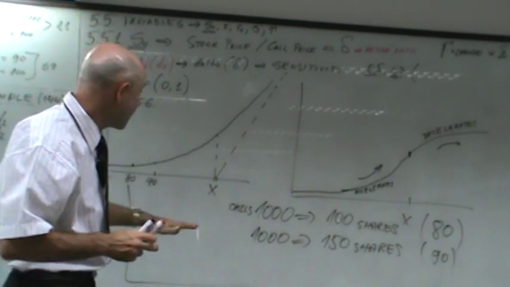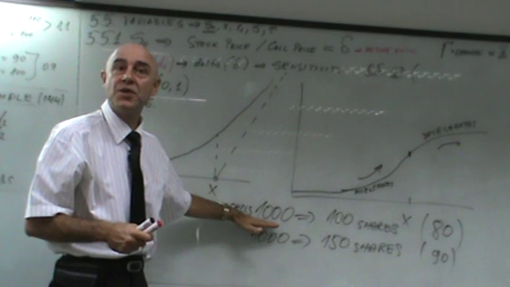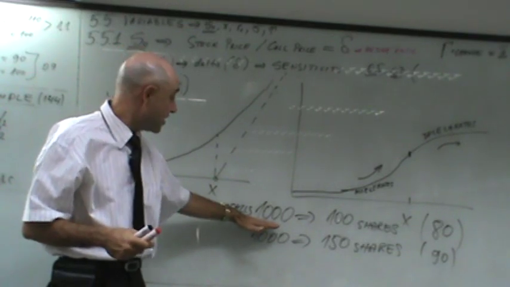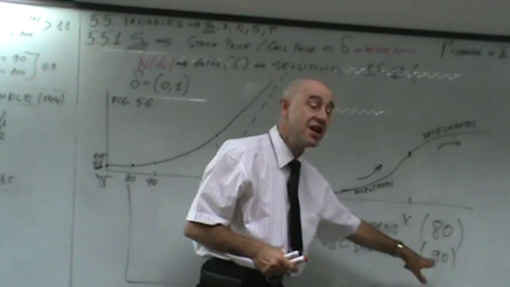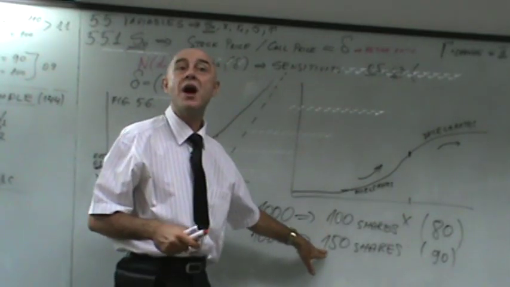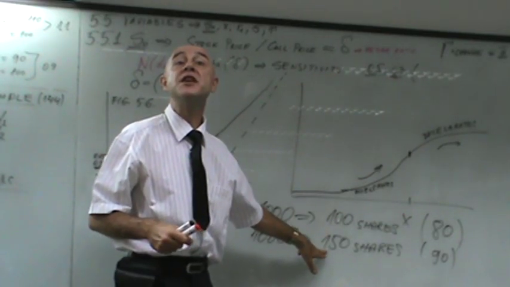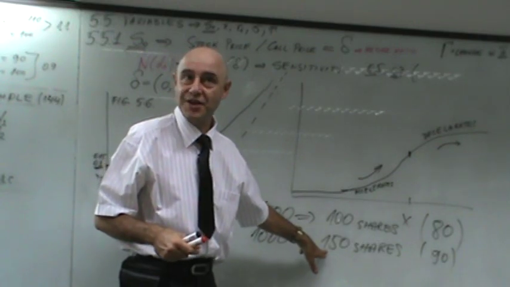So when you keep the number of calls constant and the price goes up from 80 to 90, you need to buy an extra 50 shares.